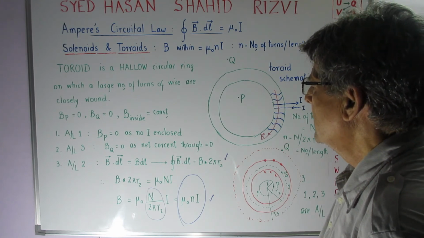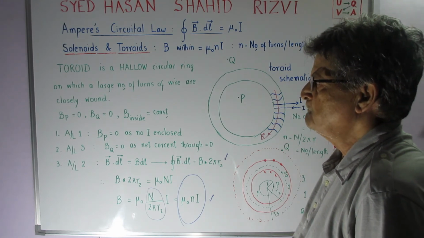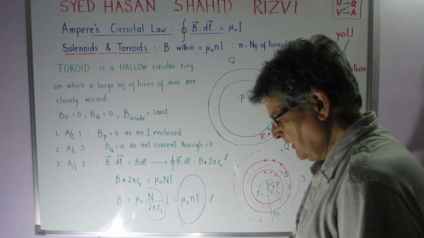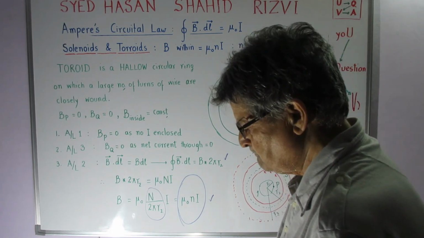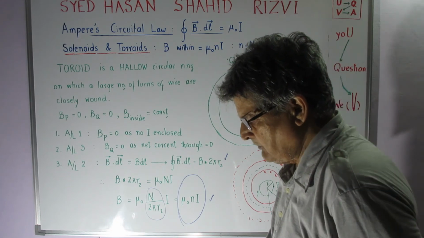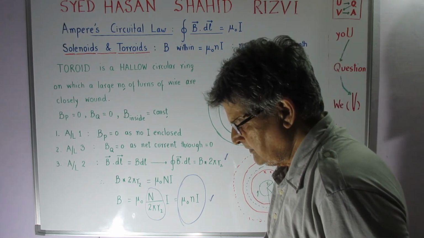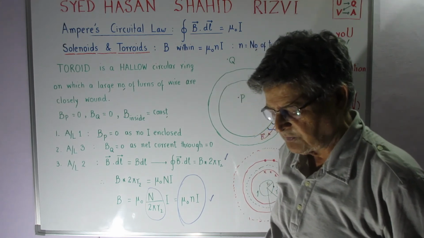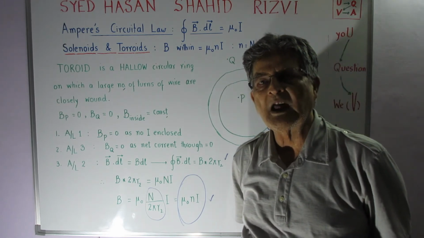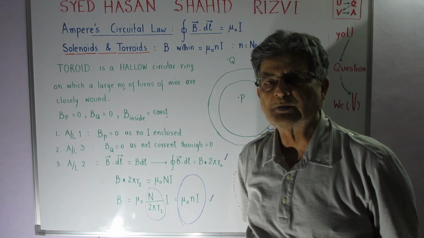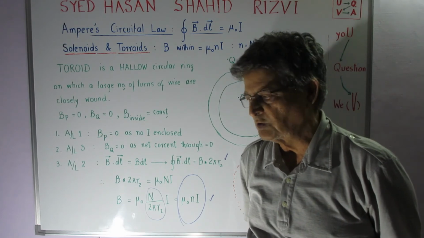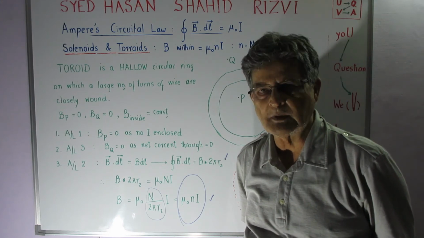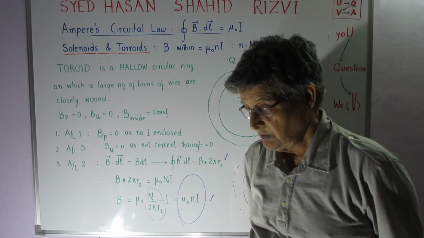I will just mention that this kind of arrangement, where we have a magnetic field, can be used for the purposes of plasma confinement. Because what is plasma? Plasma is an assembly of charged particles.